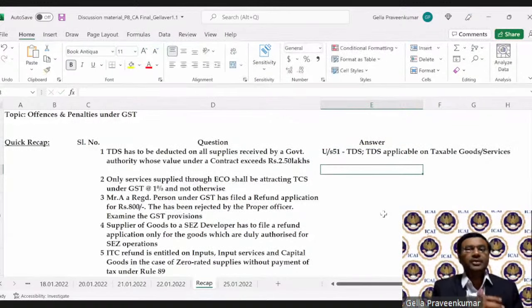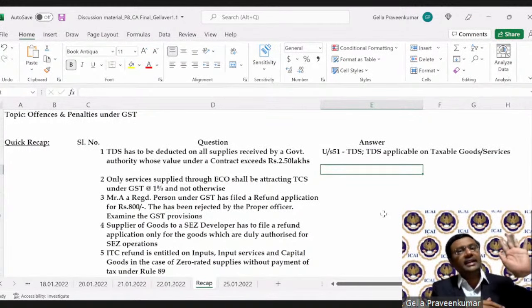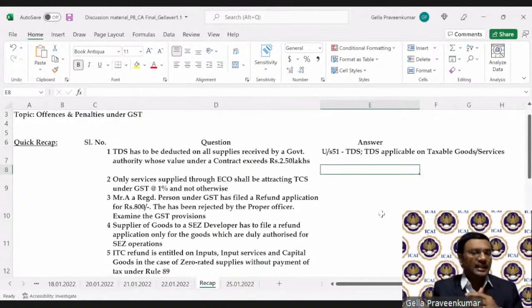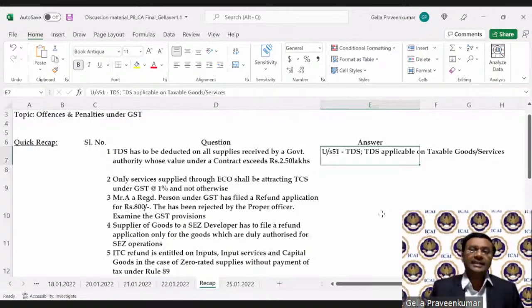First and foremost, students, the moment we see this 2.5 lakhs, don't jump to a conclusion. The supply of goods and services taxable in the hands of the supplier is what we need to take into consideration. Naturally, when the registered person charges GST, then TDS comes into the picture. If the invoice does not contain GST, TDS recovery does not come into the picture. So the first point: you will say taxable value of goods or services, then TDS comes into the picture.